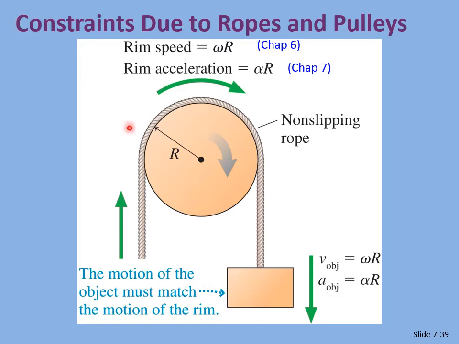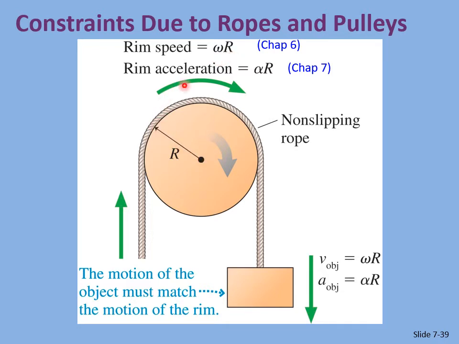Just a couple of the concepts here that we're going to use. The rim speed, in other words, the speed of an object or the rope along the outer edge, is equal to omega, the angular velocity in radians per second, times the radius of the pulley.